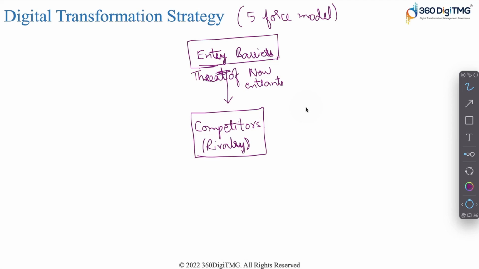then the customers who want to buy again at the cost, if you charge more, customers might say, hey, I have other competitors, I can purchase from them. If you ensure that through your digital transformation journey you put in entry barriers, then there will be fewer players.